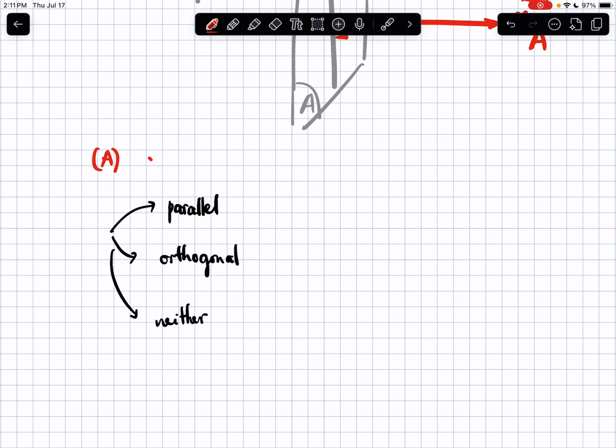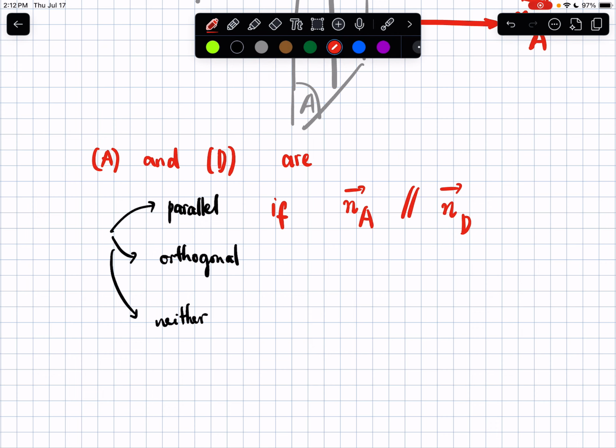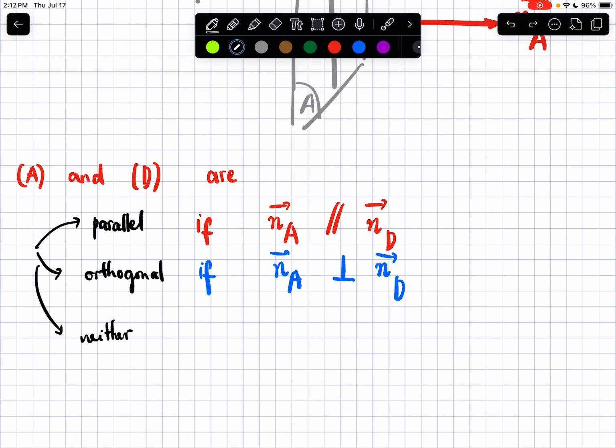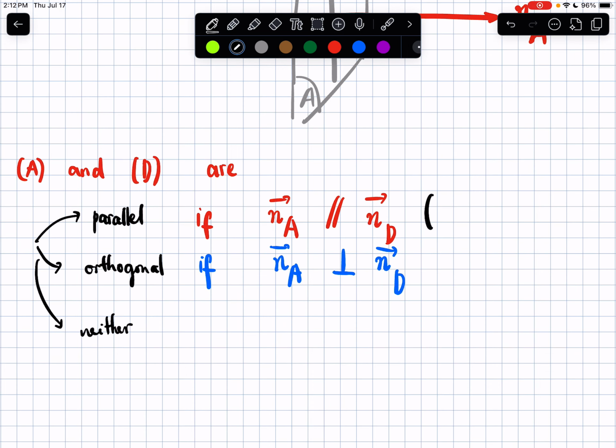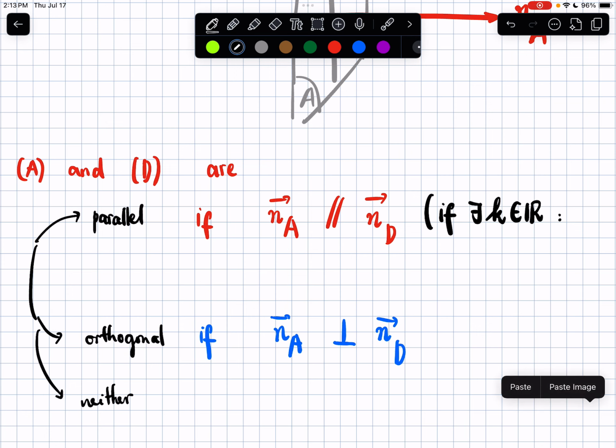Plane A and plane D are parallel if the normal vector of A is parallel to the normal vector of D. They are orthogonal if the normal vector of A is perpendicular to the normal vector of D. To check whether NA is parallel to ND, we need to check if there exists a constant, say K, such that NA is K times ND.